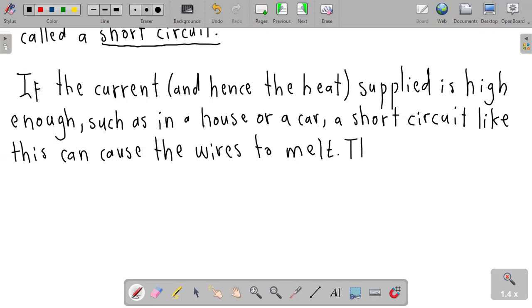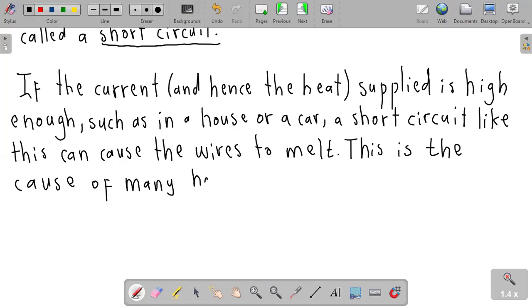And this is what? This is the cause of, so this is the cause of many house and car fires. House and car fires.